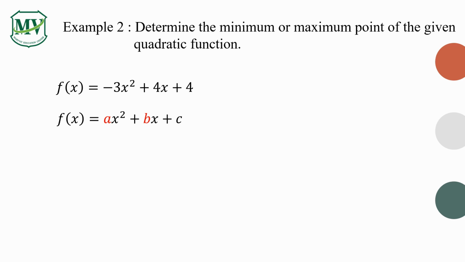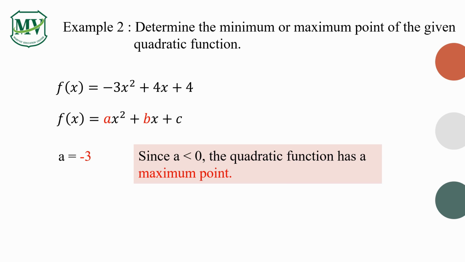Example number 2. Determine the minimum or maximum point of the given quadratic function. f of x is equal to -3x squared plus 4x plus 4. From the given quadratic function, the value of a is -3. Since a is less than 0, the quadratic function has a maximum point.